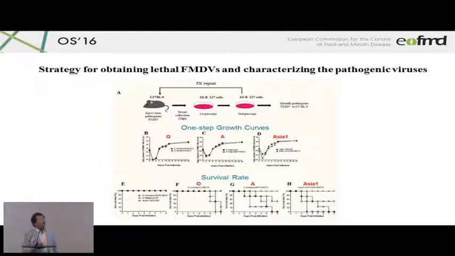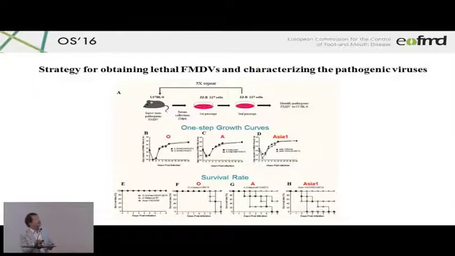We checked the pathogenic virus and got growth curve data: O, A and ASHA1 gave data similar to the original virus.